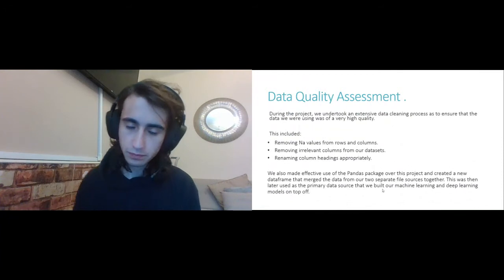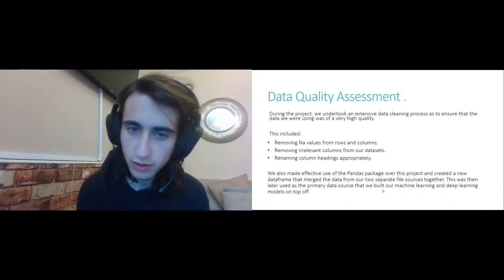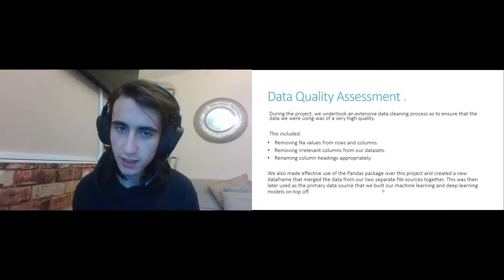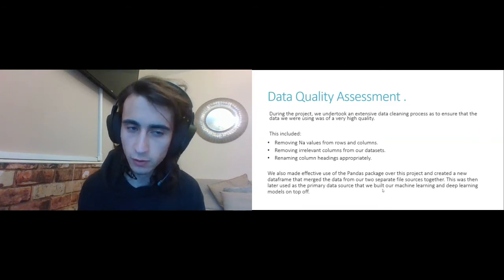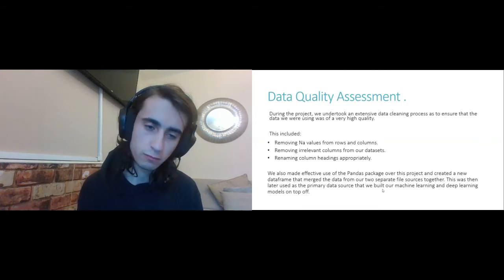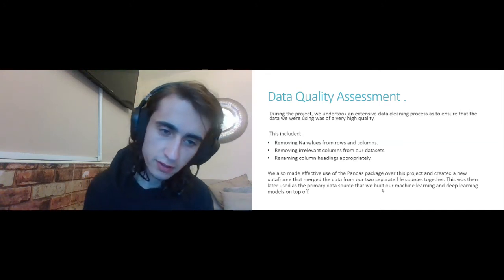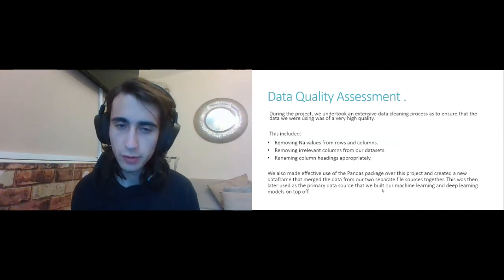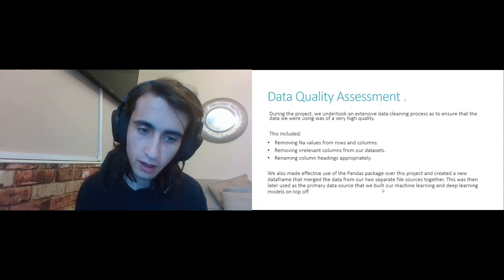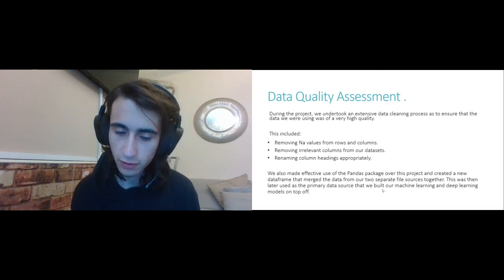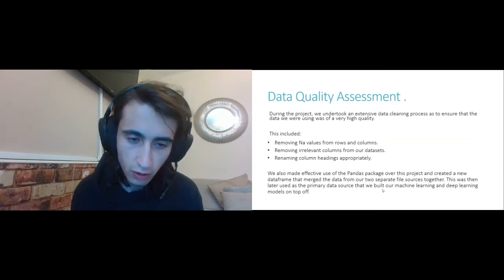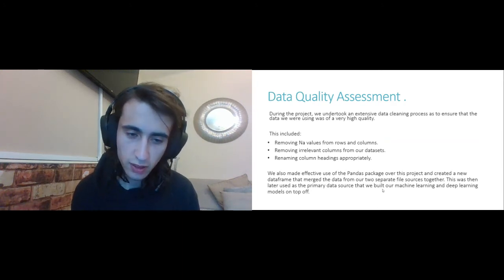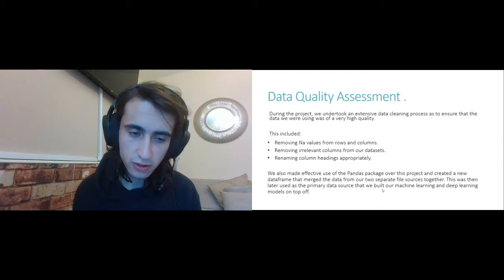Again, during this project we undertook extensive data cleaning. We were really focused on ensuring that the data that we were using was of a very high quality. As part of that process, we did things like renaming columns, removing NA values, removing irrelevant columns and rows that we didn't need from our data set, all of which really helped ensure that our data was of high quality.